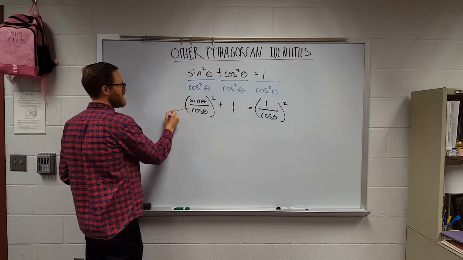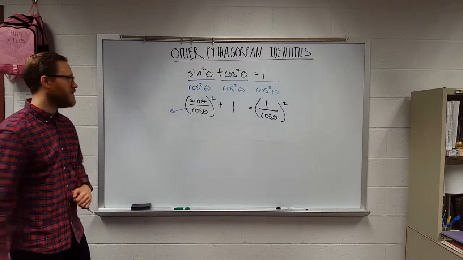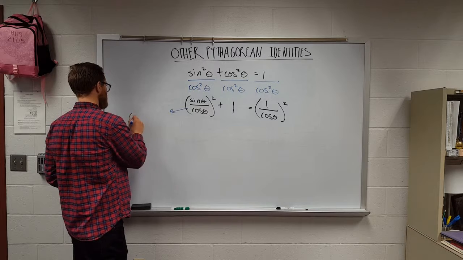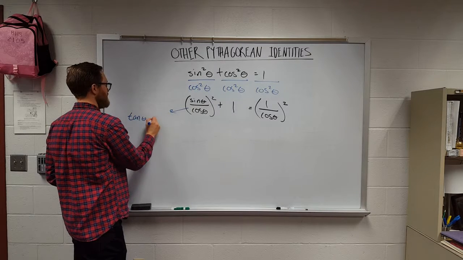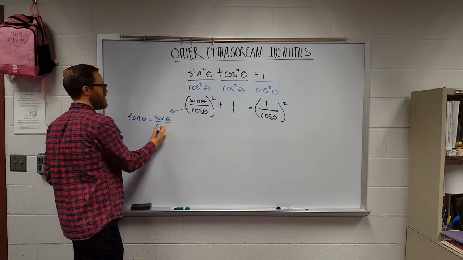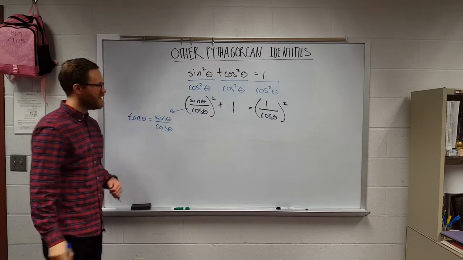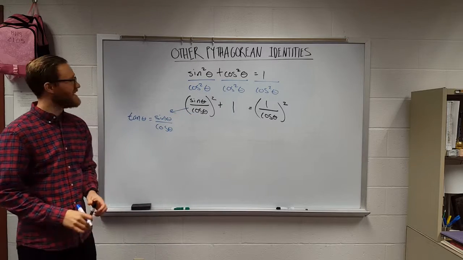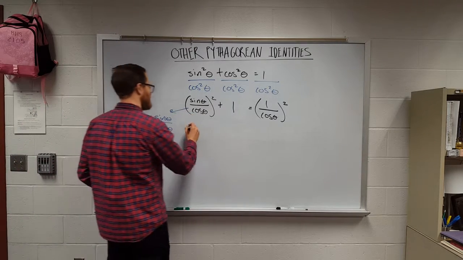So the first thing I'm going to look at, sine theta over cosine theta. We have an identity that says tangent of theta is equal to sine theta over cosine theta. So we'll be able to replace sine theta over cosine theta with tangent theta.